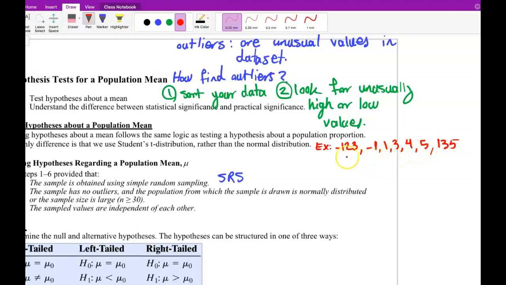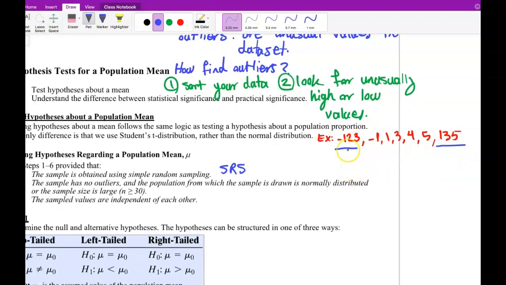But between all these numbers, the ones that are unusually high or low are these two, negative 123 and 135. I can say that these two are outliers because they are unusually high or low compared to all these numbers. So I can have these as outliers.